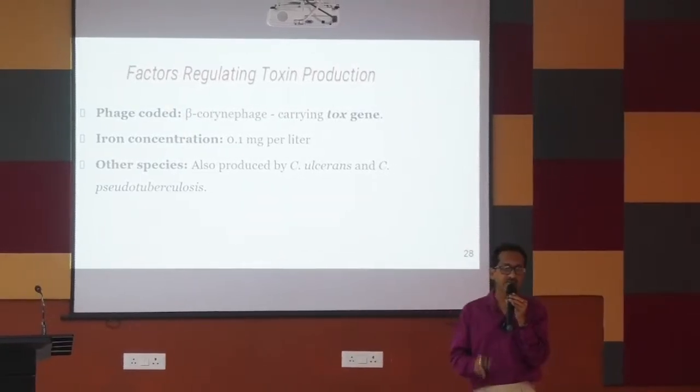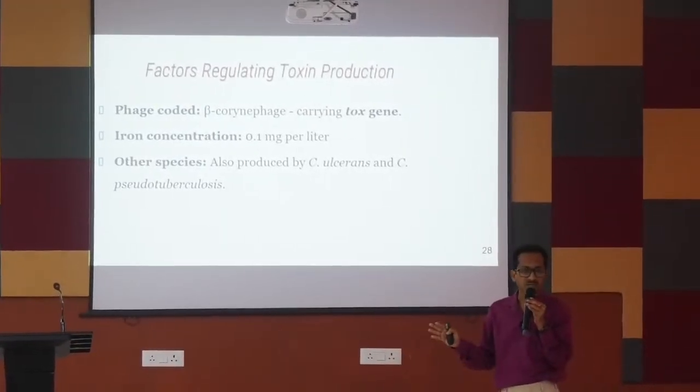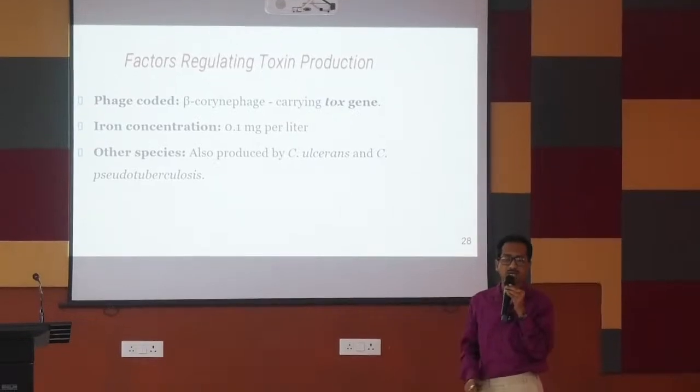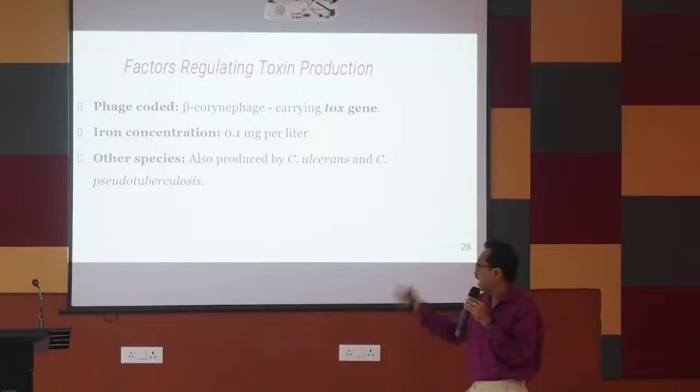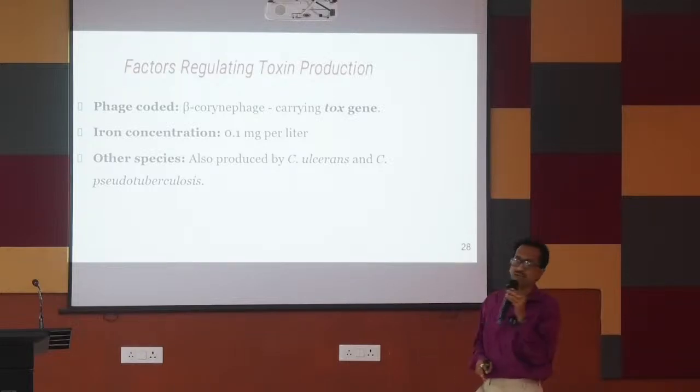A single test can differentiate these three. What is that test? That is the urease test. Corynebacterium diphtheriae is urease negative, and Corynebacterium ulcerans and Corynebacterium pseudotuberculosis are urease positive. This is one of the MCQs.